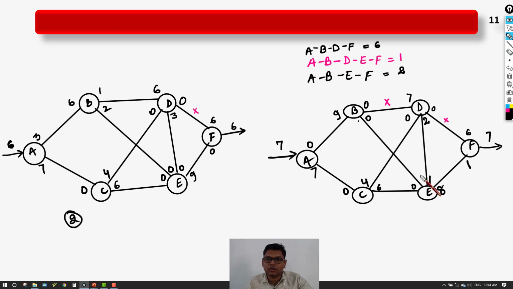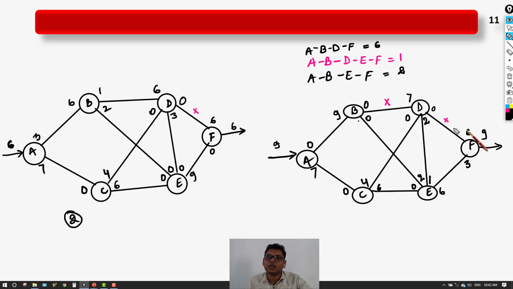This will become 0 and 2, and from E to F how much? So 2 is gone, so 6, and here 2 more, so 3. 6 and 3. Now how many more is 2? So 2 is increased here, so just write 9 and 9.